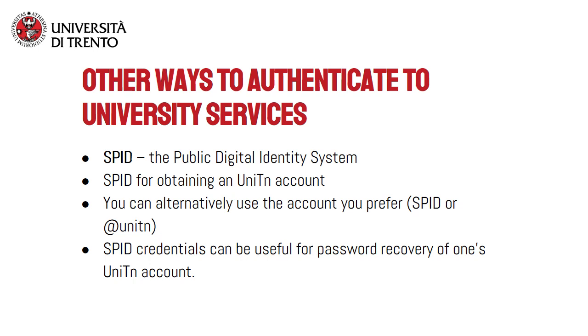By authenticating through SPID, which guarantees your identity, you can retrieve your university password independently. Using SPID, the UniTrento system recognizes my identity and allows me to log into my personal account without using my personal email and without the help of a university office.